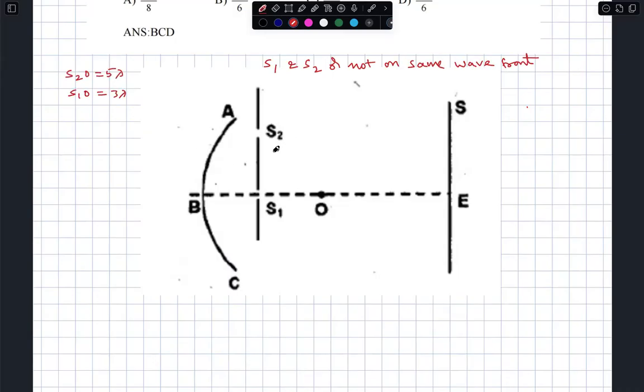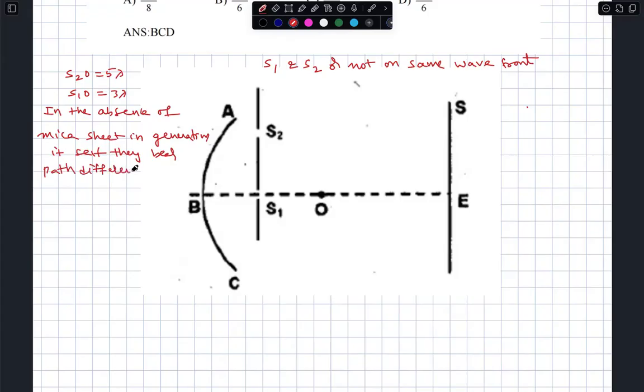So basically, in the generation process itself, in the absence of mica sheet, they bear a path difference of how much? 2 lambda.